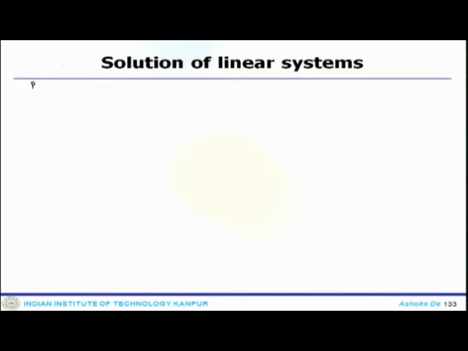So, this would be the preconditioned BiCG algorithm, and again you need to start with choosing the starting direction.